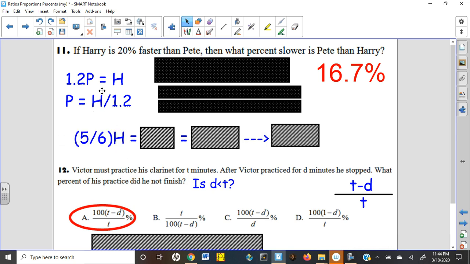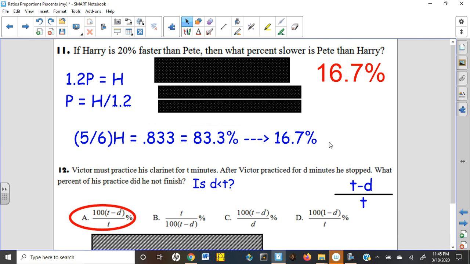You could also multiply the top and the bottom by 5 to get rid of the decimal. But 1 divided by 1.2 or 5 divided by 6 is the same percentage. It's about 83.3%. So, when you subtract that from 100, you only get 16.7%, not 20%.